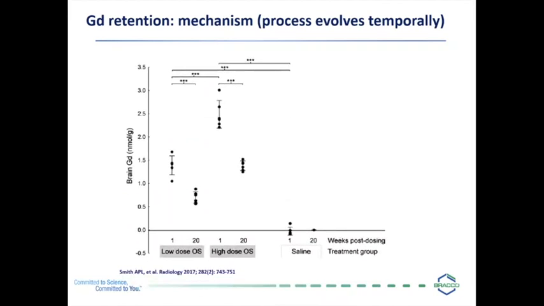The older study by Smith at GE demonstrated an approximately 50% decrease of Omniscan 20 weeks after dosing. The plot confirms that gadolinium levels measured in the brain with ICP-MS were dose-dependent and decreased with time.